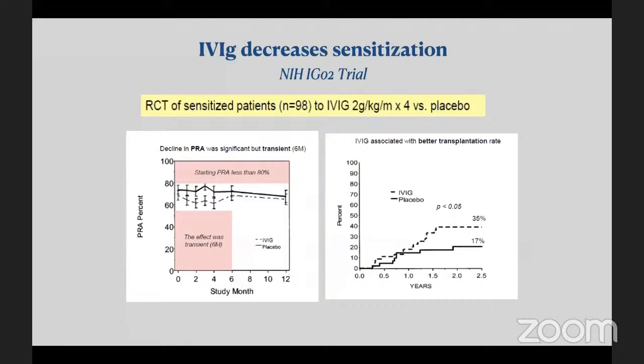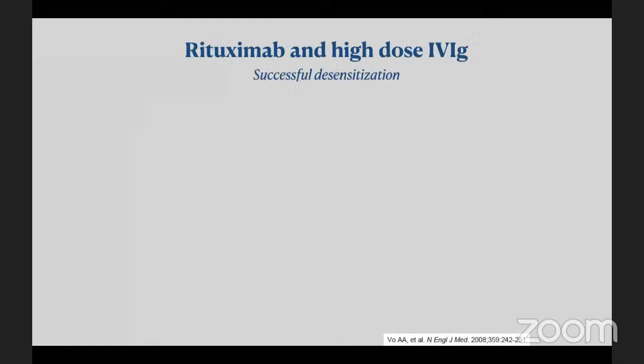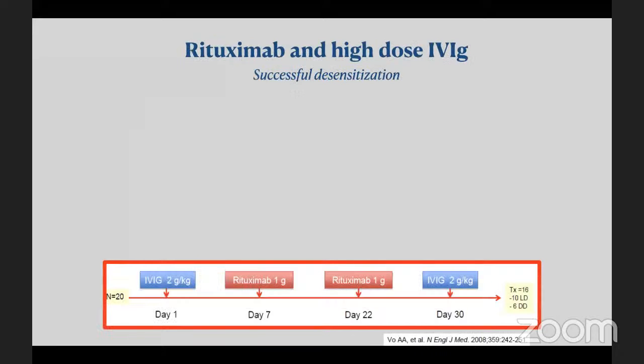But this is a very difficult and a very costly process, especially in our country where your transplantation rate is going to be only 35%. And then we have to look into the other methods, rituximab and IVIG based regimen.